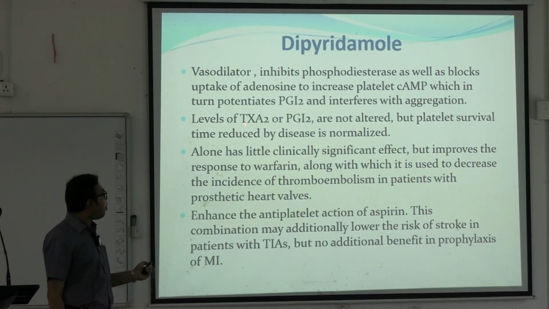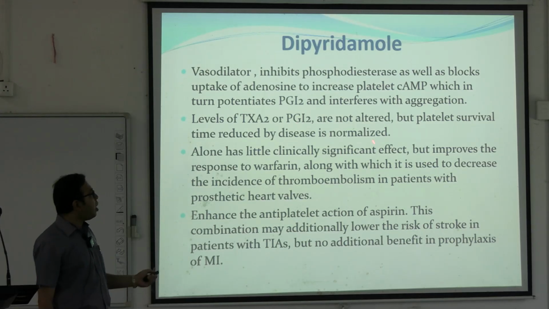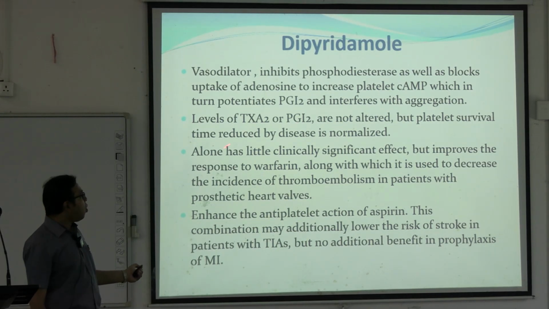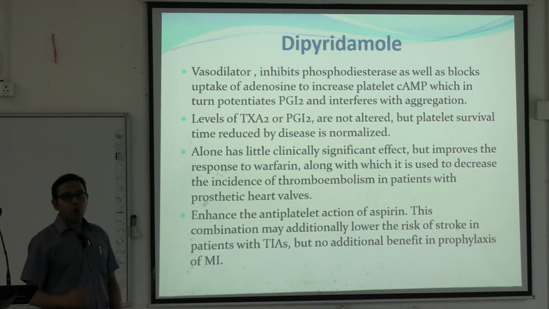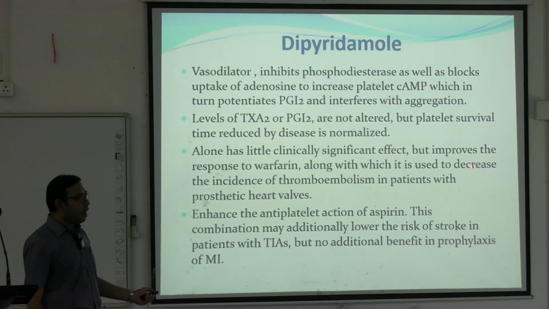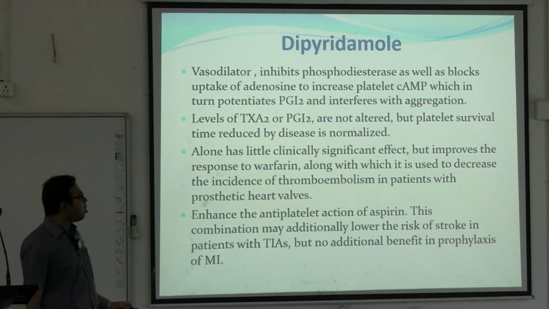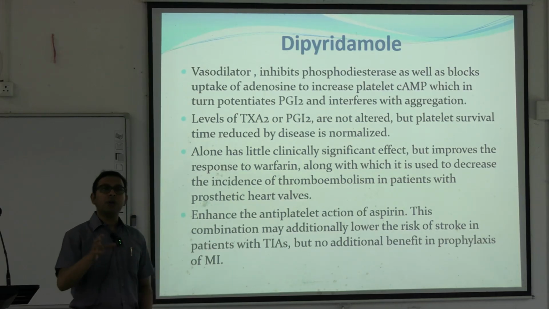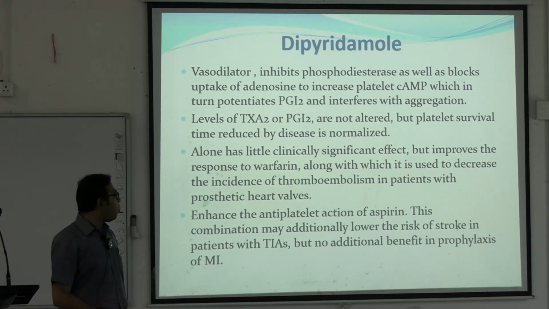So levels of the thromboxane A2 or prostacyclin are not altered, but platelet survival time, reduced by disease, is normalized. So what happens? Usually we use the combination of the aspirin plus dipyridamole, which decreases the incidence of thromboembolism in patients with prosthetic heart valve, when we are using this in combination with the aspirin or in combination with the warfarin.